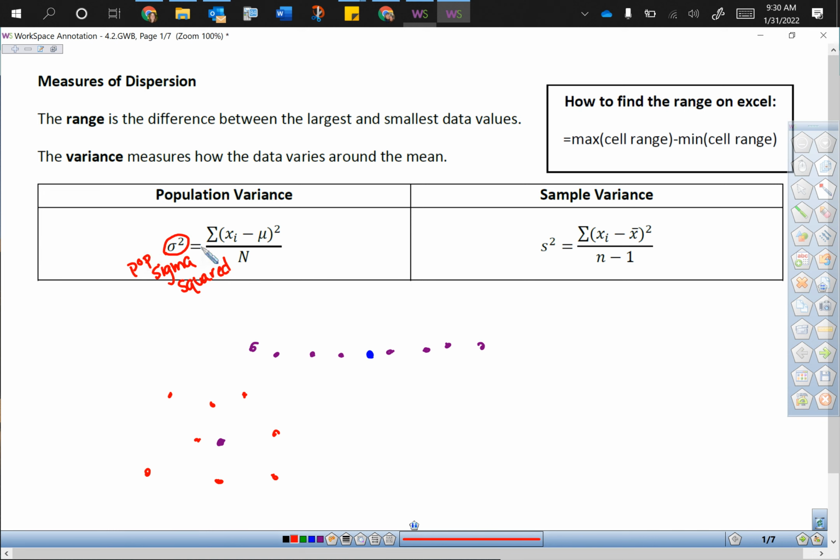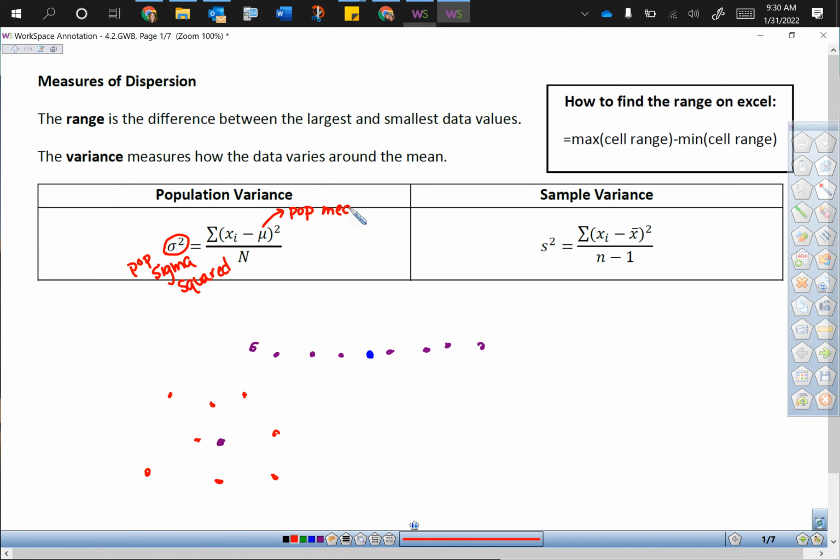To find that, you're going to take the sum of, and then we have this little guy right here. Whenever you see an x sub i, you're just talking about a given data point. The i represents whichever data point you're looking at, the first data point, the second data point, the third data point. So you're looking at the sum of a given data point minus mu. Do you guys remember what mu stands for?